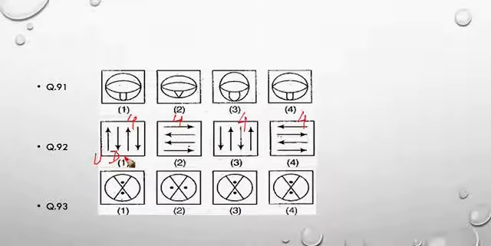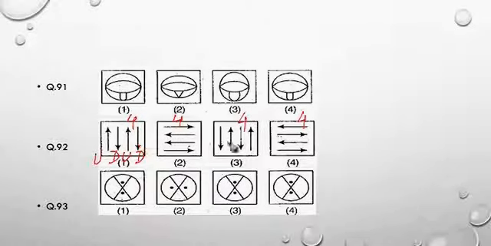The next arrow is in the upward direction and the next arrow is in the downward direction. So what we are finding is one arrow is in a certain direction, the next is in the opposite direction of that, and then the subsequent arrow is in another direction and the next arrow is in the opposite direction.